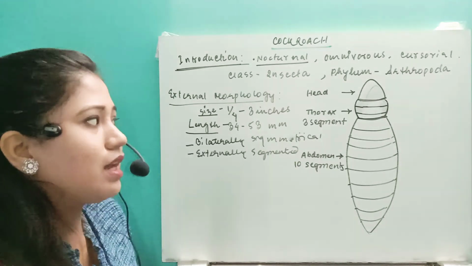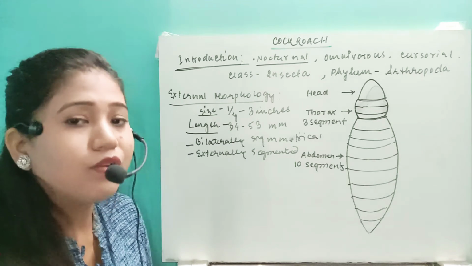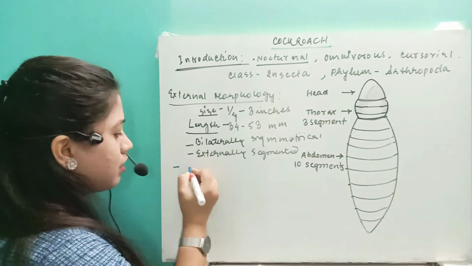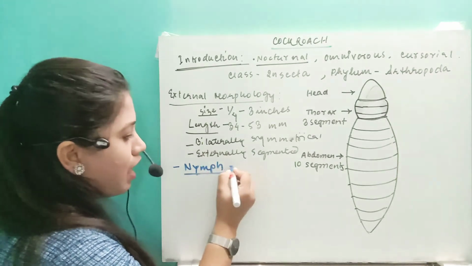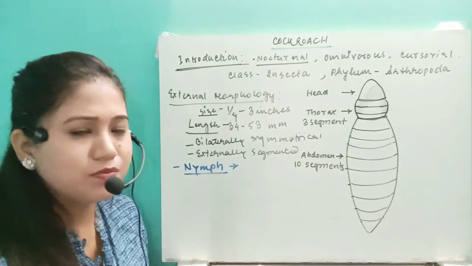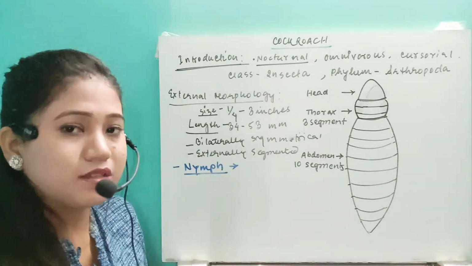So the next thing: if you see the organism from outside, how does the color appear? If you see their nymph, one thing we need to know is that they don't have a complete larval stage, but yes, a juvenile stage is there. That is known as the nymph.